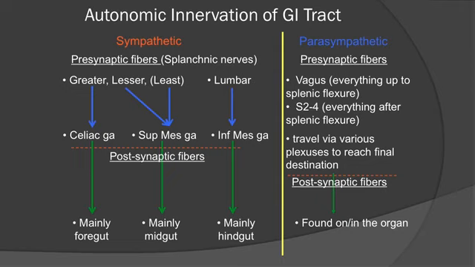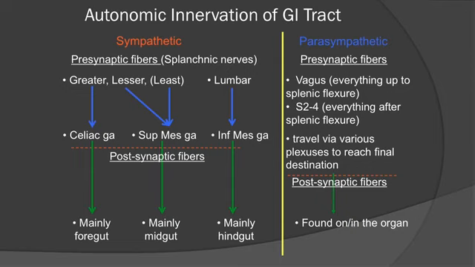Parasympathetic fibers, there's 2 main sources. The first is the vagus, and the vagus arises way up in the midbrain, and the vagus is going to be traveling down, and it's going to supply all the different structures in the foregut and the midgut, everything up to what's called the splenic flexure.